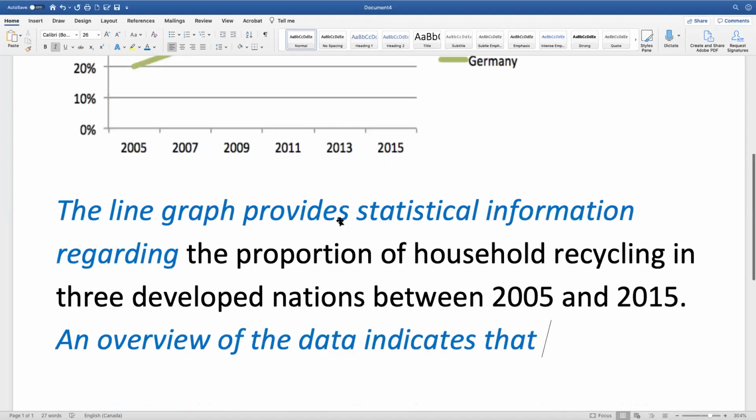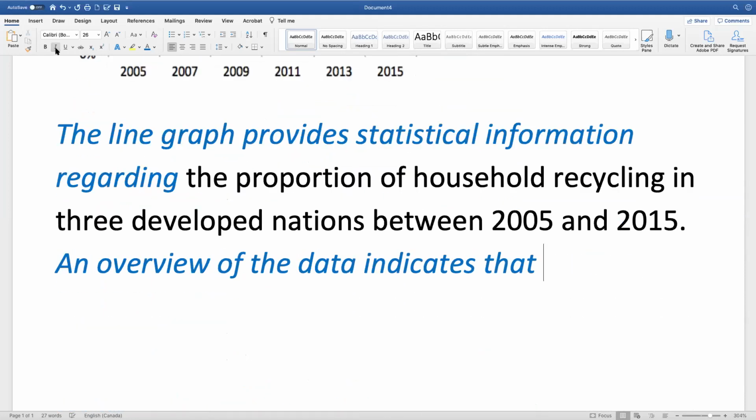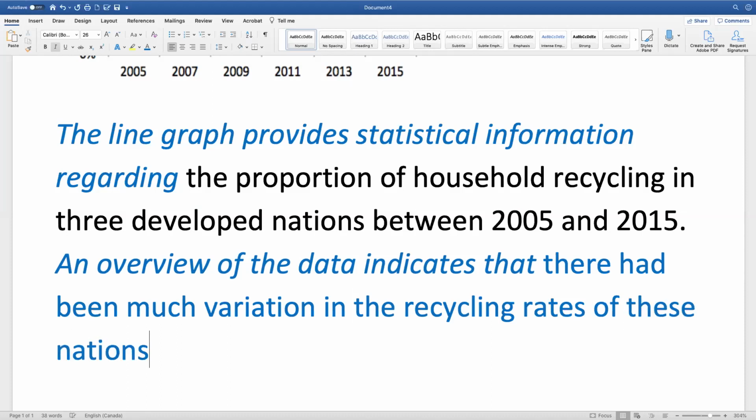Just watch. French. I kind of just see increase here and increase here. Only France had fluctuated, so it doesn't cover the whole graph, okay? So I think it's better just to say here that there had been much variation in the recycling rates of these nations during that period.